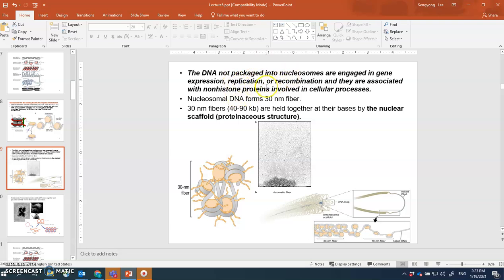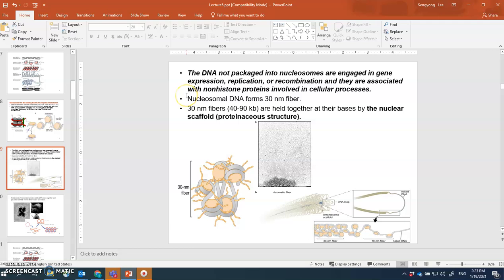That's what it means. So there are accessibility issues. Maybe it is the area where a replication origin is starting, the unzipping area. That's where the gene promoter sequence is found, so transcription factor proteins can come and bind.